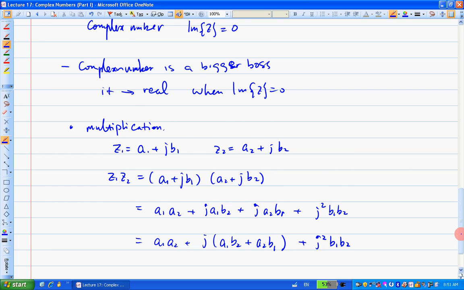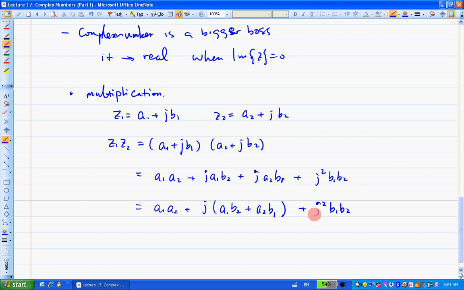The point here is, what is j squared? j squared is j multiplied by j, and j is defined as the square root of -1. A square root multiplied by itself gives you what's under the square root, so -1.